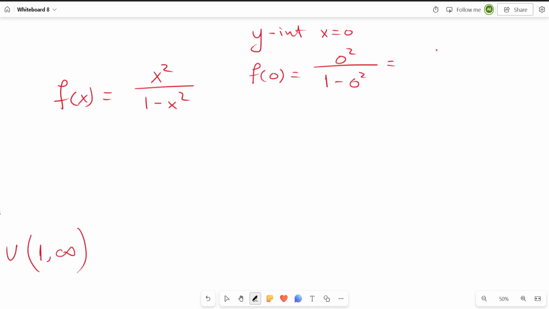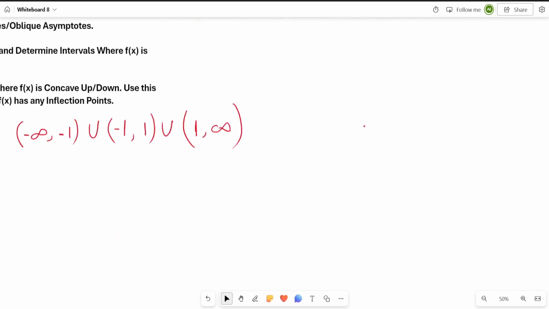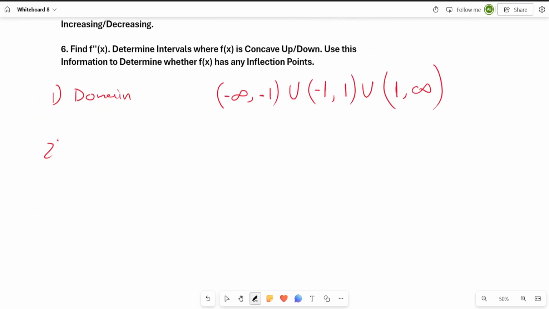So this whole thing is going to be 0 over 1, which is equal to 0. So my y-intercept is at y equals 0 and x equals 0, and has a point 0, 0. So this is my y-intercept, a point 0 and 0.